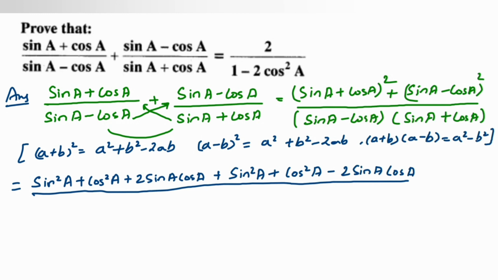So a minus b into a plus b is a square minus b square. So a square is sin, so we'll get sin square A minus cos square A.